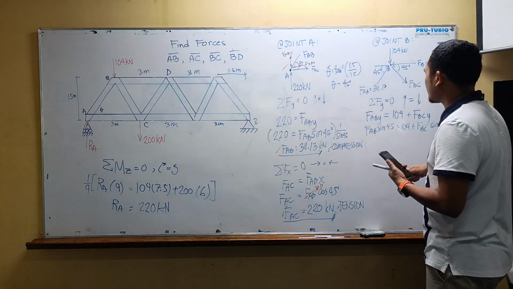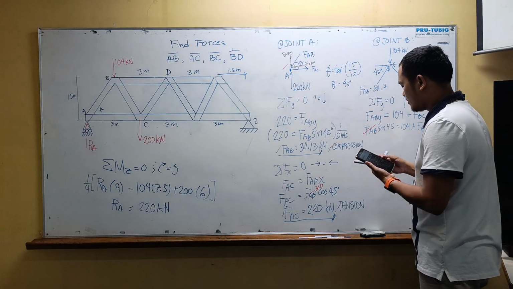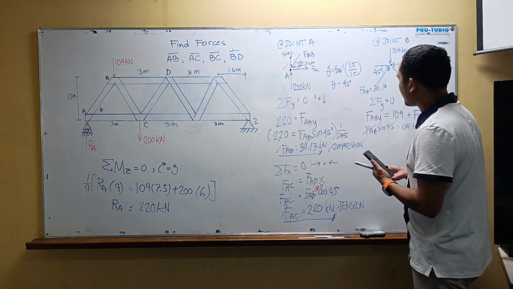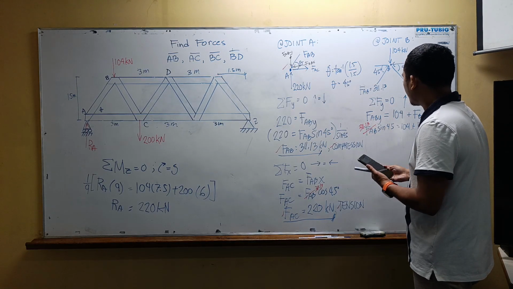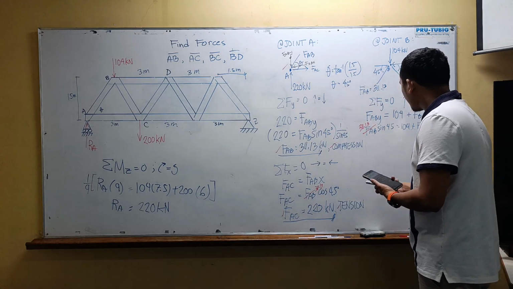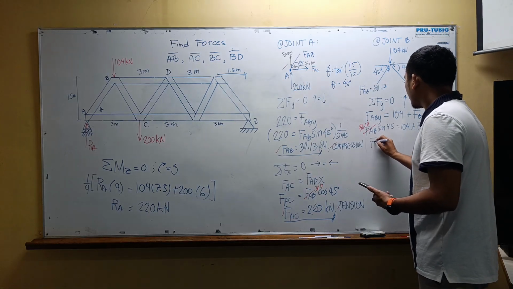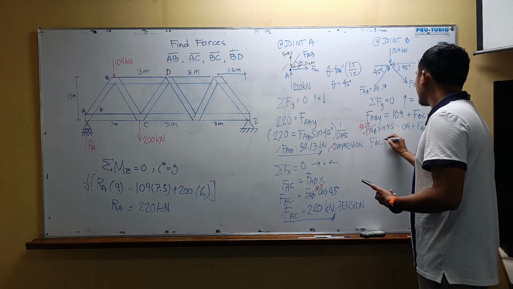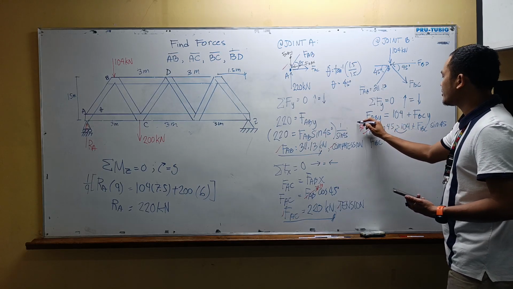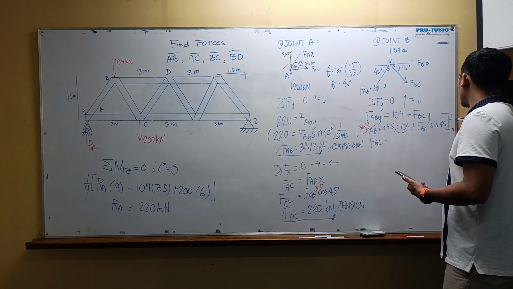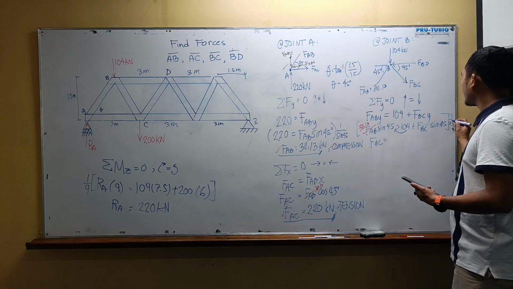So if we try to substitute that 311.30, we can now solve for FBC. FBC is equal to, so what you do, transfer it there, and then you divide both sides by sine 45.